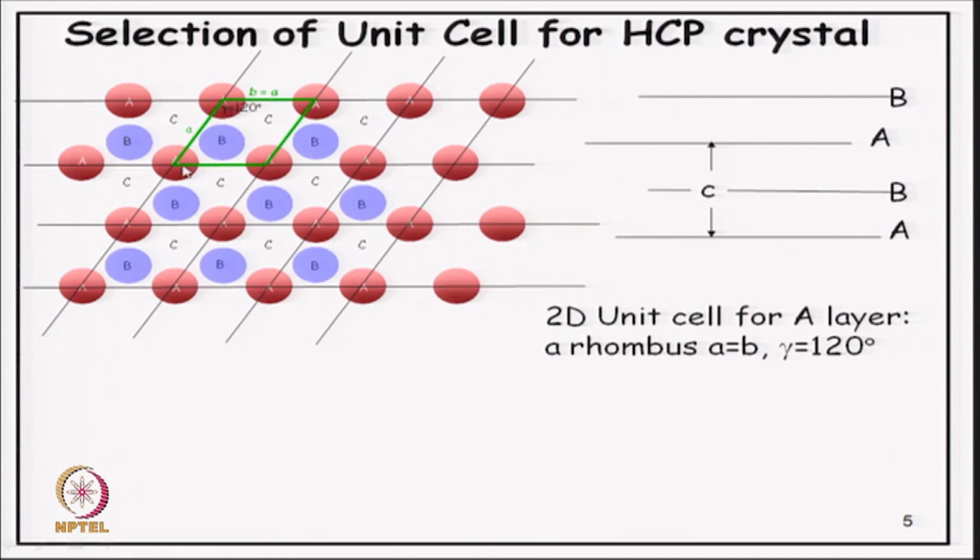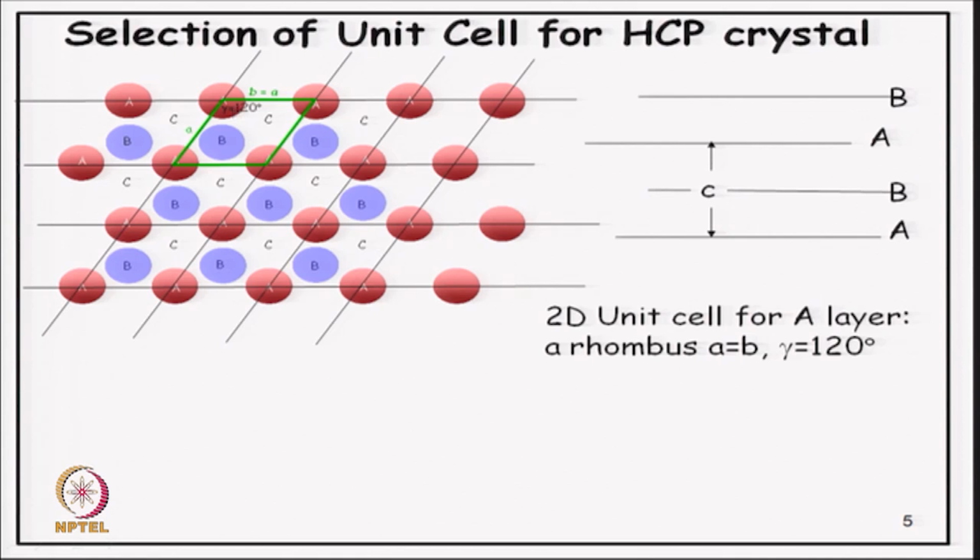In fact, remember that this is a close-packed structure and the two atoms along this length, along a or along b, are touching. So, both of them are equal to twice the radius, or the diameter of the sphere. So, a equal to b equal to the diameter of the atom, and the angle gamma between them is 120 degrees.